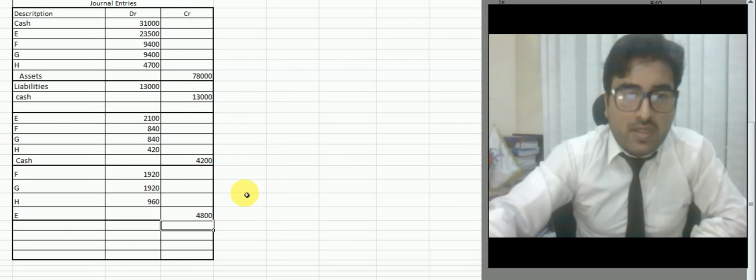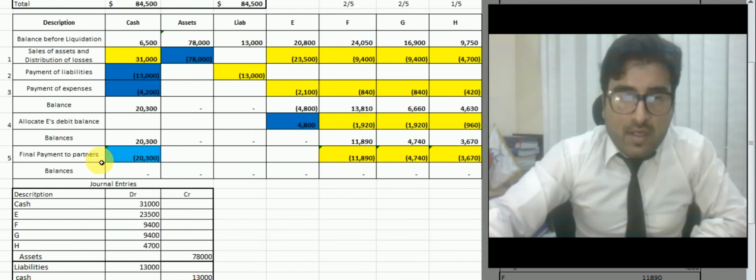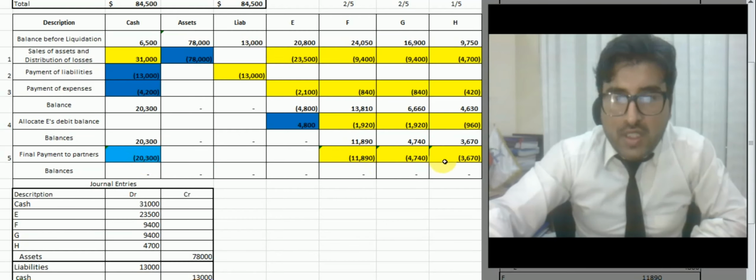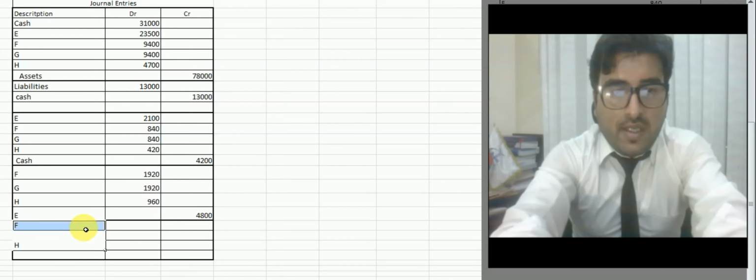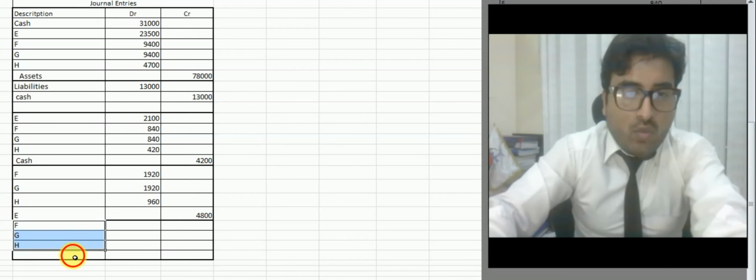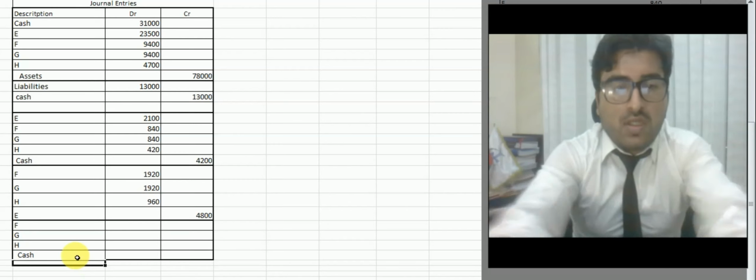Okay, dear students. Finally we have cash here credited, and FGH debited, so we debit FGH, right? And what credited? Cash account credited.